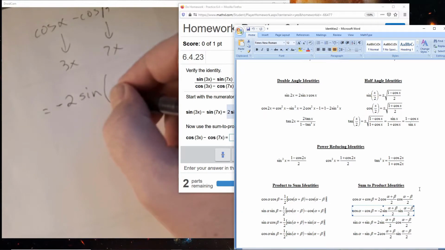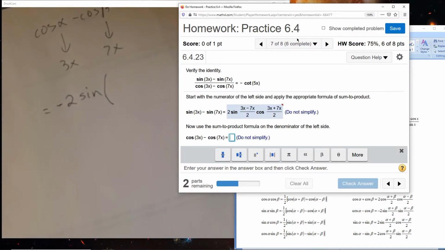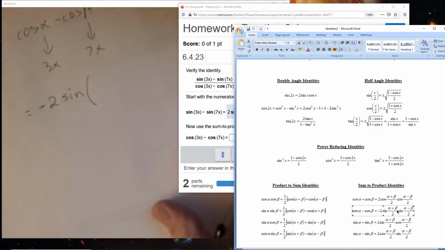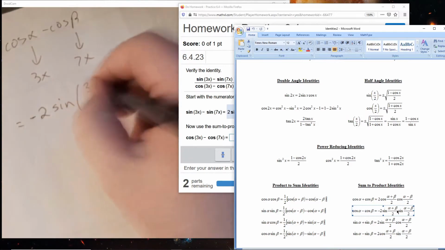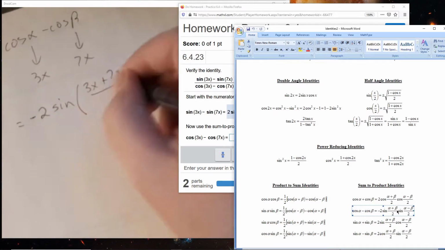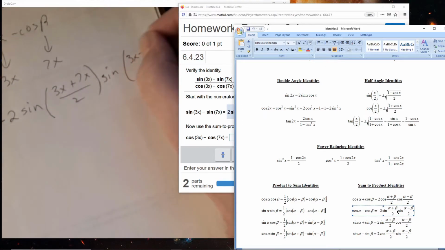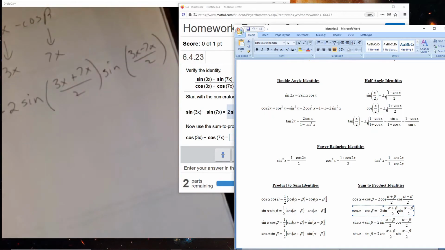And do not simplify. All right, so I'm just going to plug it in and do nothing with it. 3 plus 7 divided by 2. 3 minus 7 divided by 2.